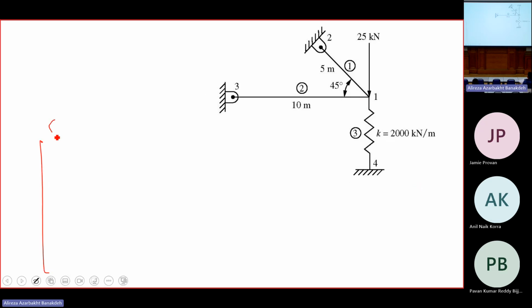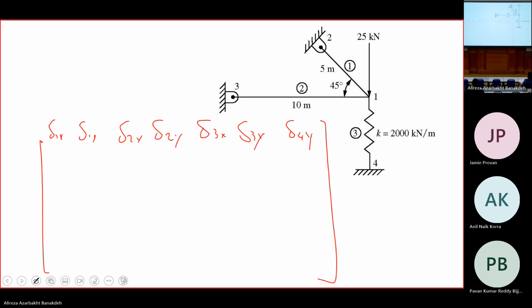The big matrix is delta 1x, delta 1y, delta 2x, delta 2y, delta 3x, delta 3y, and delta 4y. 1, 2, 3, 4, 5, 6, 7. And the same here. And I know that I have a 4 by 4 matrix for element number 1. You can put it in the right places. For number 2, in the right places.